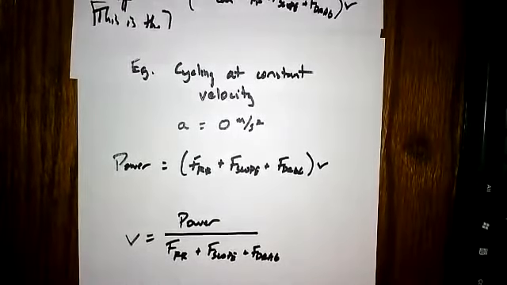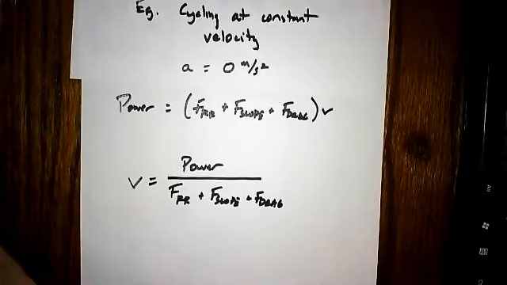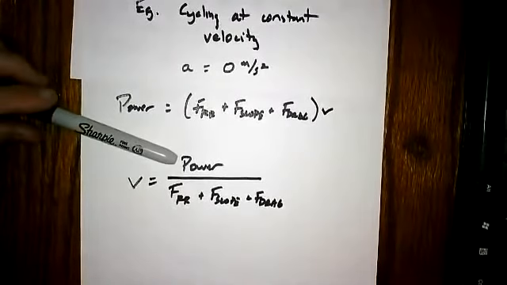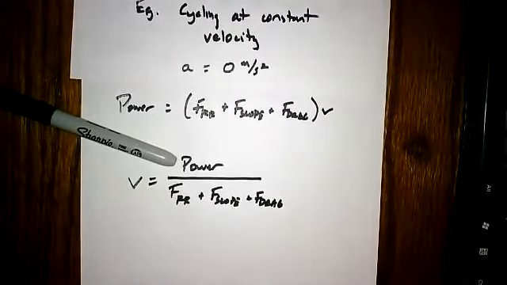So let's look at this equation. The power that I can generate as a cyclist is a known quantity at any moment in time. Let's say it's 200 watts. That's how much I can generate. That's how much force I can push on the pedal and how fast that force is being applied. That's power, all right?